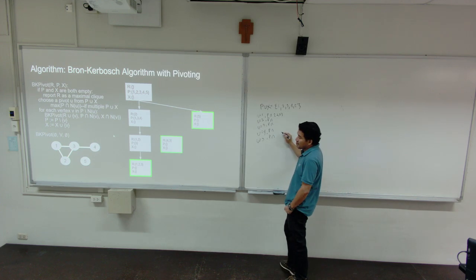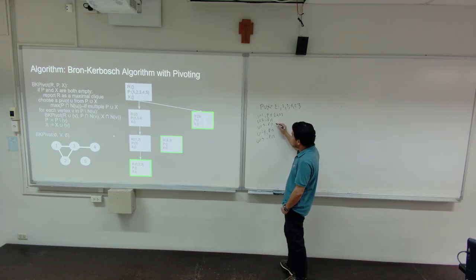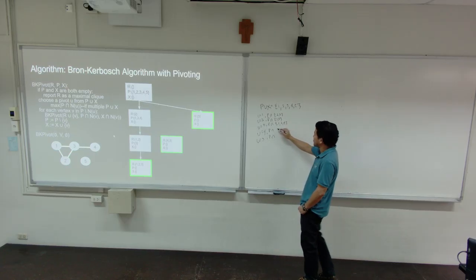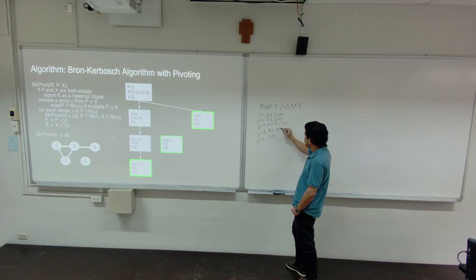Neighbors of 2, 1 and 3. Next, if u is 3, the neighbors of 3 are 1, 2, and 4. Neighbors of 4, it's just 3. Neighbors of 5 is null.